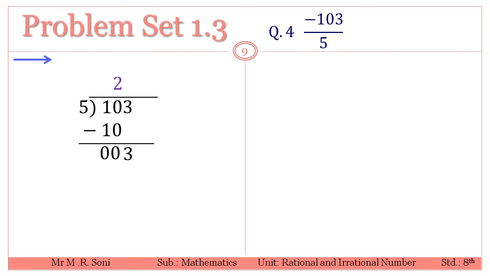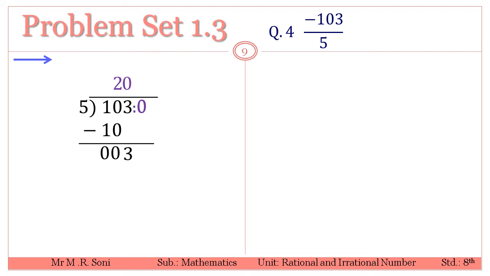So we put a 0 in the quotient to get the next digit. But as our dividend does not have a sufficient number of digits, we shall put a decimal point and add more zeros to the dividend. Now 103.000 is what will be our dividend.